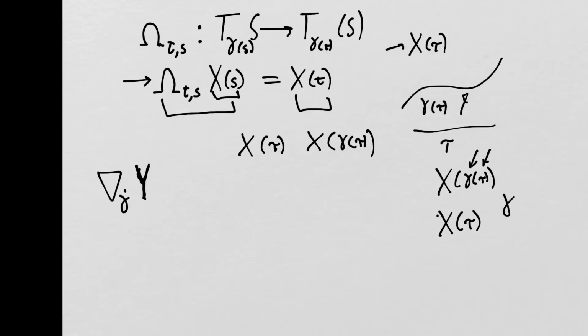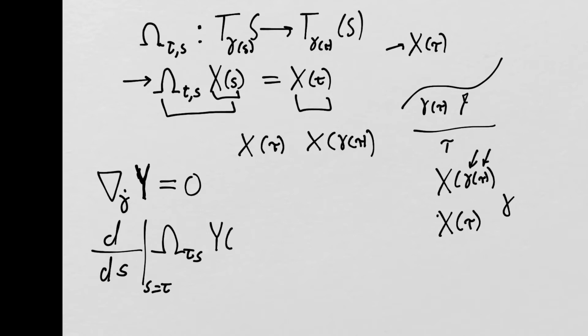That thing here is supposed to equal 0, right? That's the parallel transport equation. In our new notation, the way we're going to understand that is the derivative with respect to s of omega t s, evaluated at s equals t, of gamma of s.